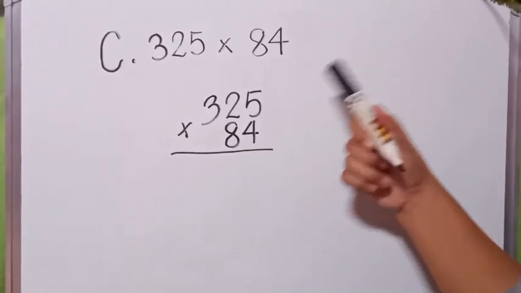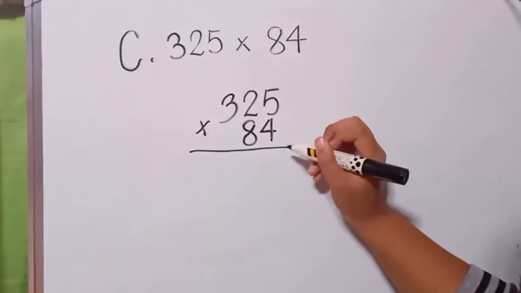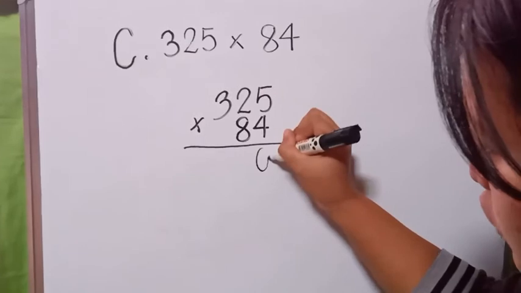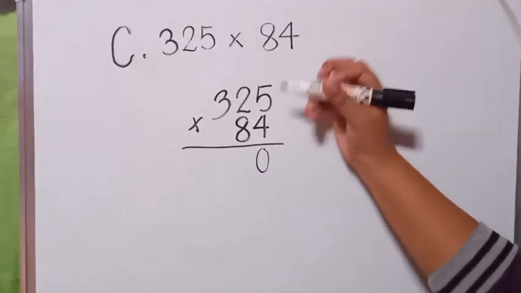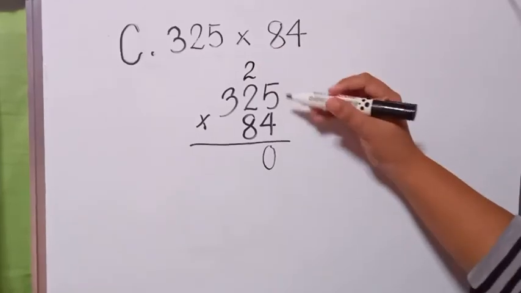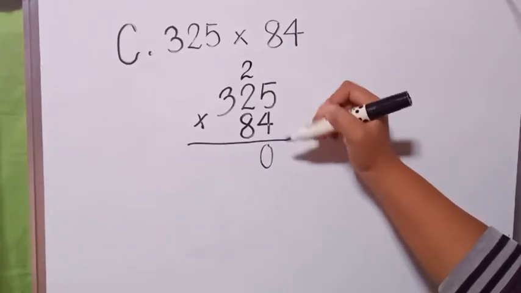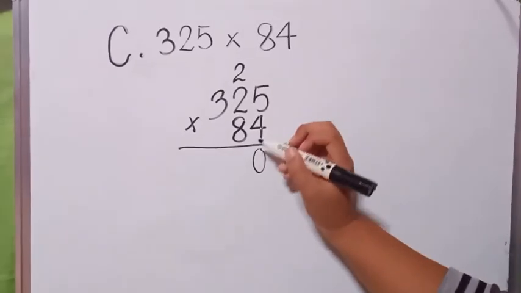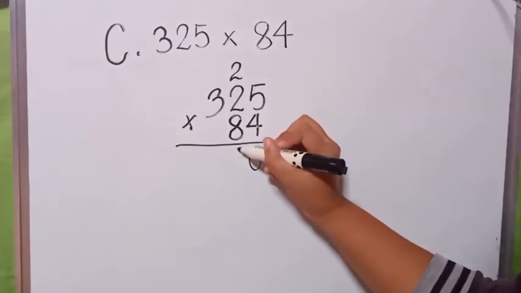4 times 5, that would be 20. So again, because 20 is a 2-digit number, we need to carry our tens, which is 2. So 4 times 2, that is 8, plus 2, that is 10.